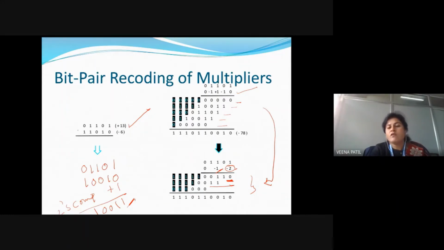But if you see here in Booth's algorithm, I write each bit multiplication after 1 bit shift, right? The partial products will be written after 1 bit shift position. Whereas in bit pair or fast multiplication, I have to shift 2 bits position. You can see here 2 bits, 2 bits. For each step, 2-bit shifting has to be done.